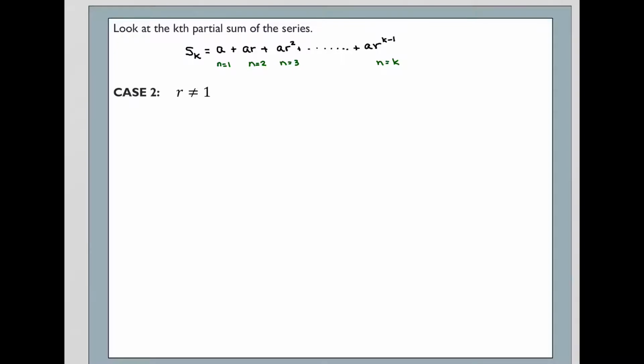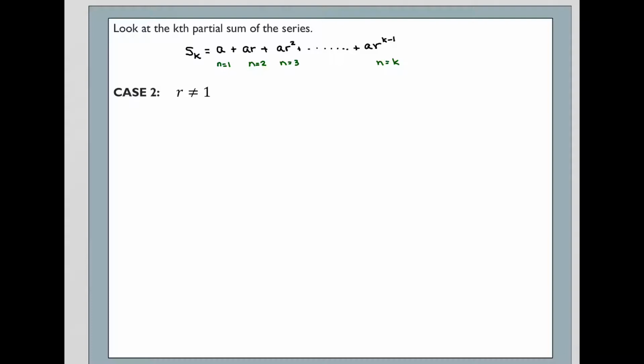This makes it a little messier, because if r doesn't equal 1, then my kth partial sum is a little more difficult to find. So let me do a little trick. You know all these wonderful little tricks we do sometimes in math. Let's take advantage of our knowledge of telescoping series, and let's do something interesting.